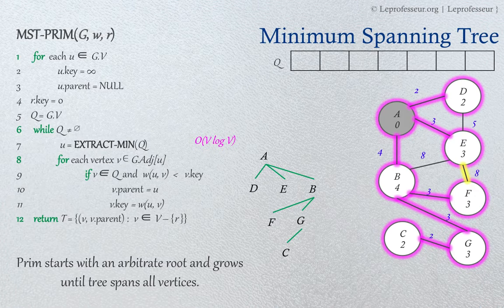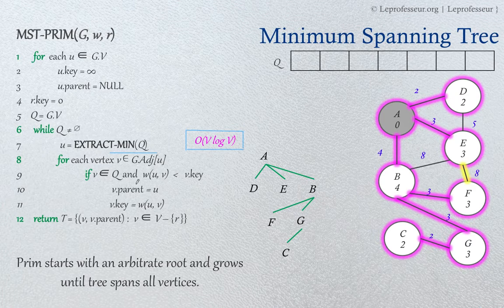Now let's try to understand the complexity of this algorithm. The extract min operation is going to take V log V time. We are assuming here, let's say, a binary heap or priority queue.